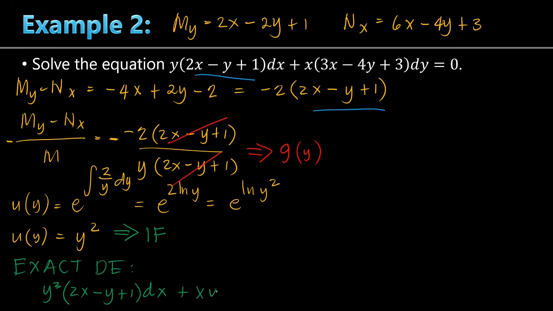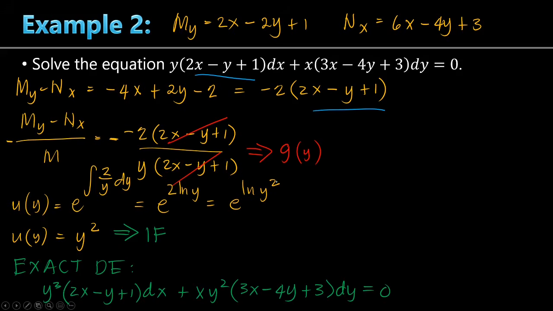So, x, y squared times 3x minus 4y plus 3 dy equals 0. Okay, so there is no need for us to test this for exactness kasi sigurado na tayo kung tama naman ang ating integrating factor, which is, I am certain of this answer naman, ang makukuha nating equation ay exact kasi na-prove na natin yan kanina sa derivation.